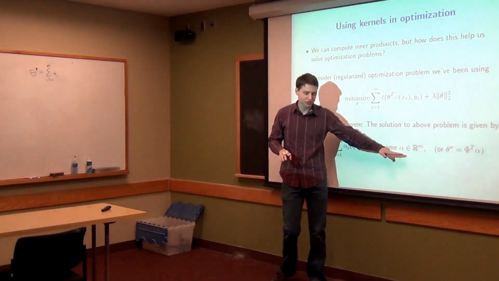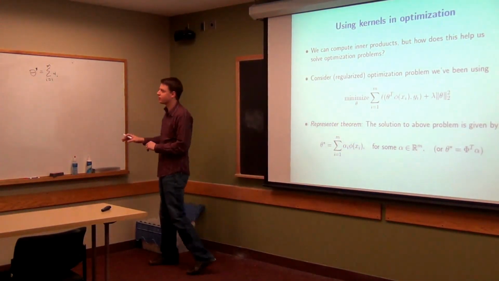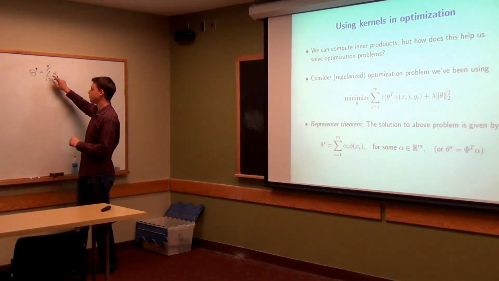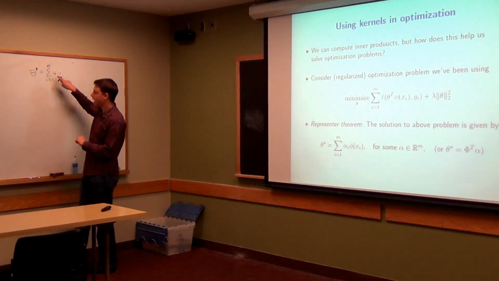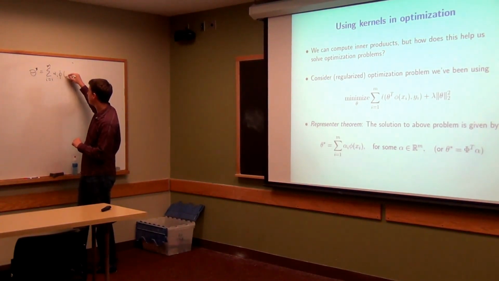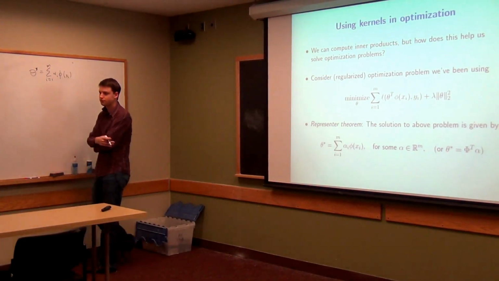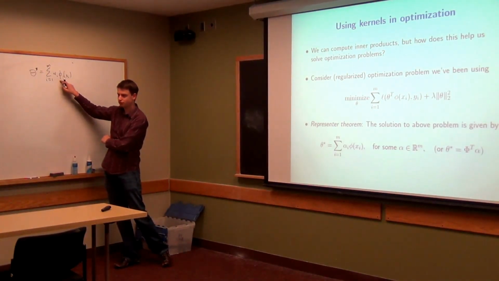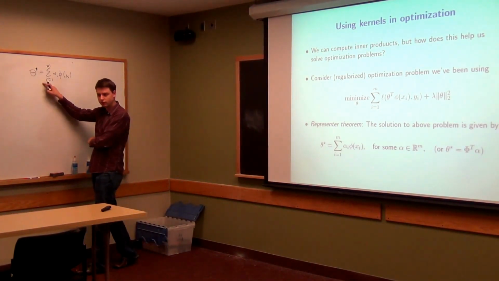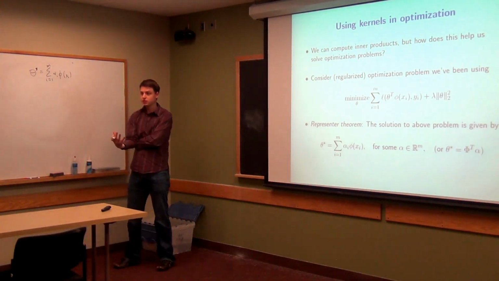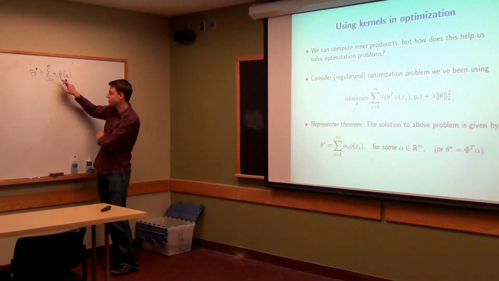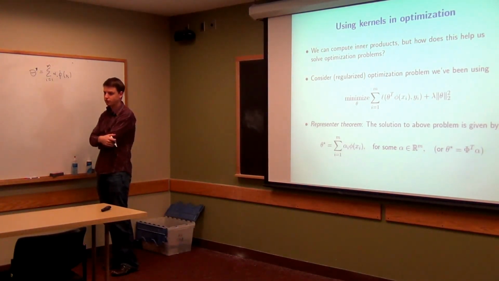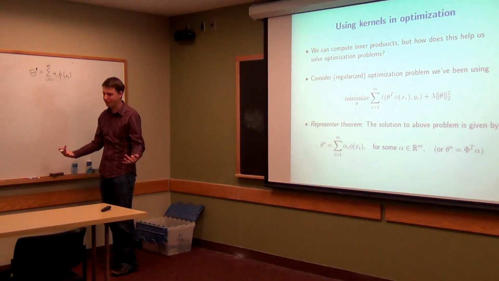Finding these is of course still the important part, but some numbers alpha exist such that the optimal solution is equal to the sum over all our examples of alpha_i times phi of x_i. Remember, these are potentially infinite dimensional, and then of course so is theta. But we can actually find a more compact representation of this theta in some sense, because it's equal to a sum over all these alphas times the feature vectors, none of which we can actually compute yet.